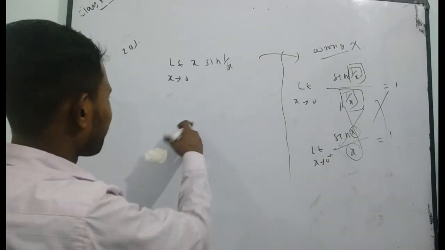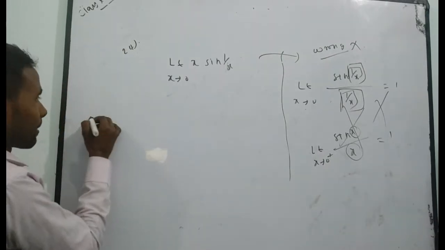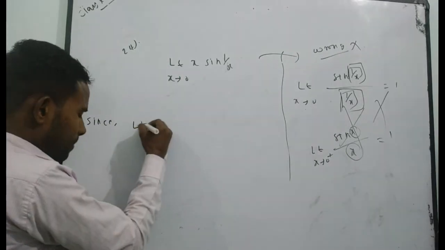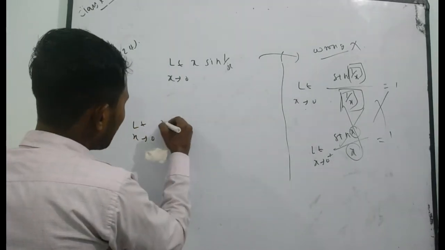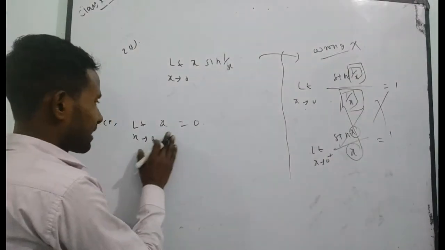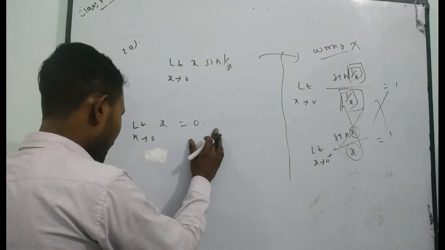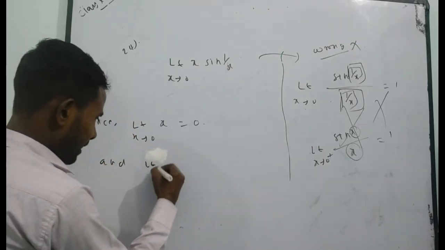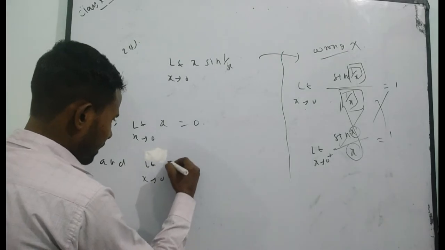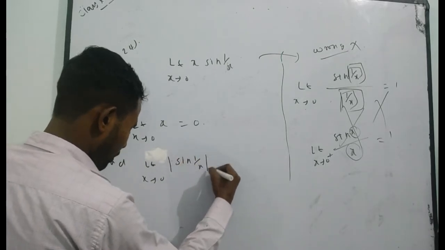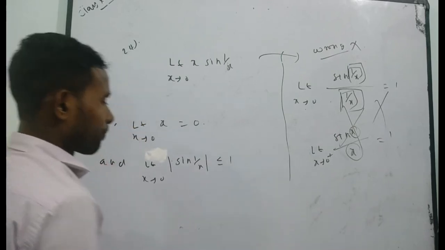As you know that, since limit x tends to 0, x is equal to what? I think you know limit x tends to 0, x is equal to 0, and mod sin 1 by x is less than or equal to 1. Why?